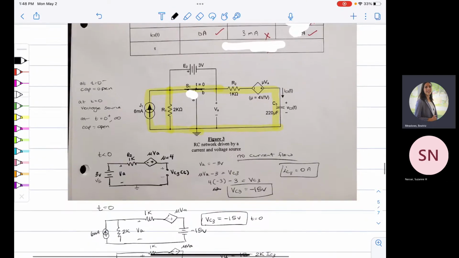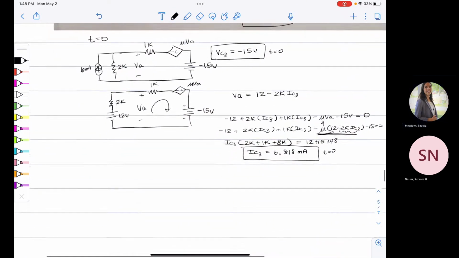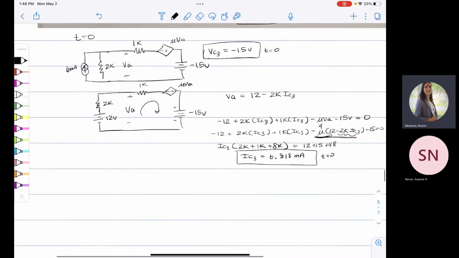Okay, so now at t equal to infinity, we're still in the same switched position, but now our capacitor looks a little different. What is our cap going to look like? So we can redraw it like this if we want, or we can just go straight to our transformed one from here.